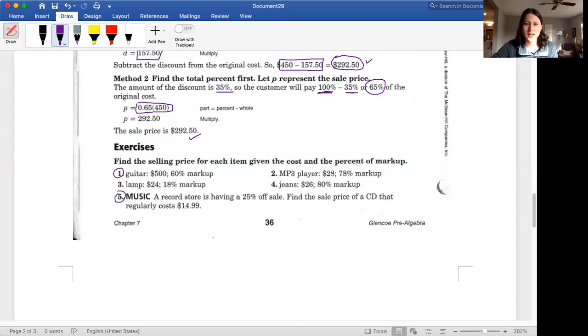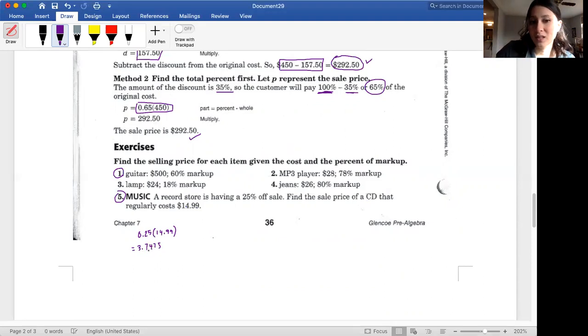A record store is having a 25% off sale. Find the sale price of a CD that regularly cost $14.99. So I can do 0.25 times $14.99 and multiply that out. And the amount that's taken off is 3.7475.